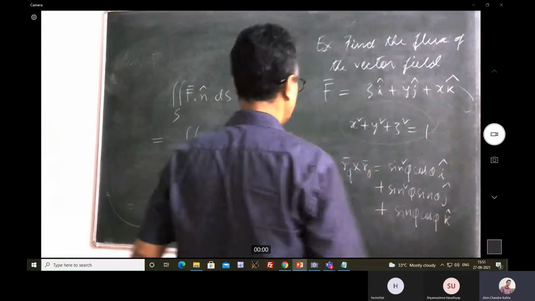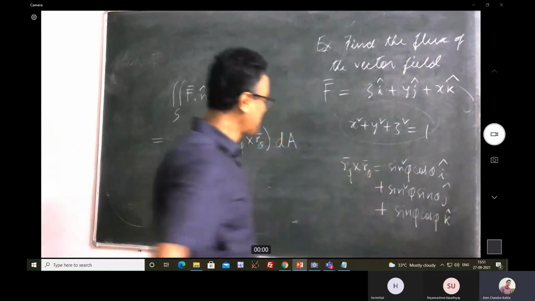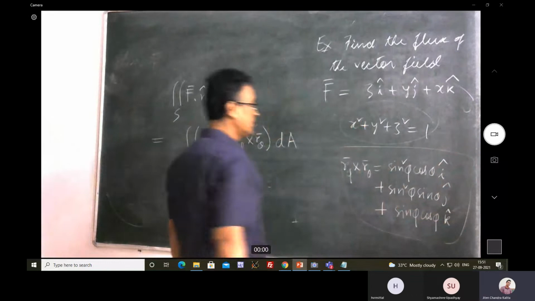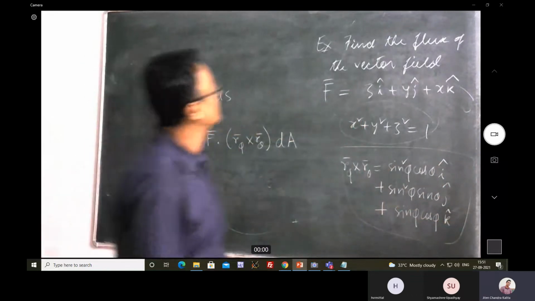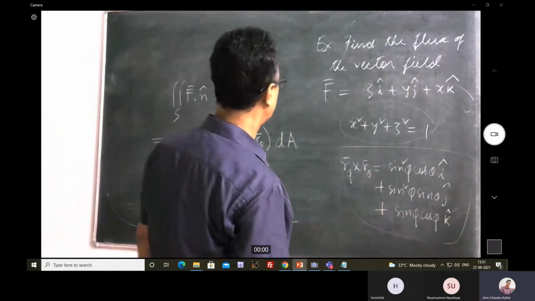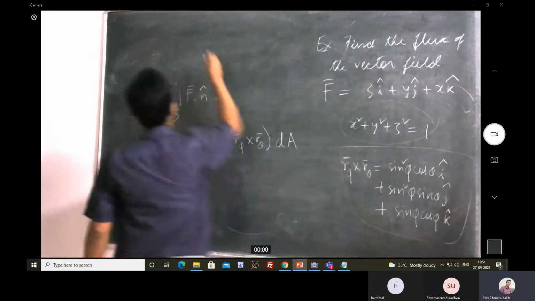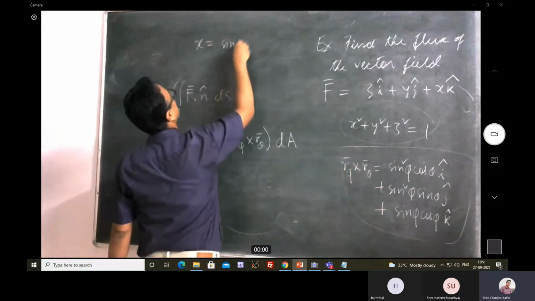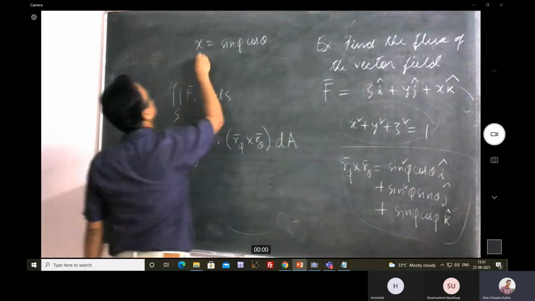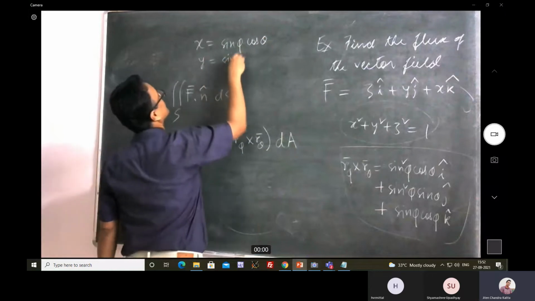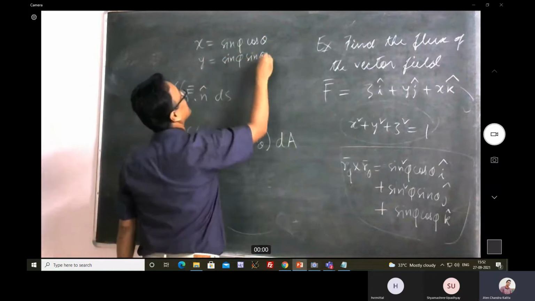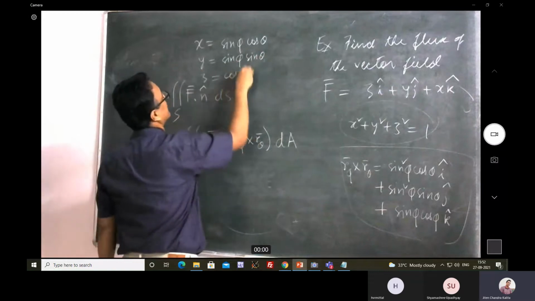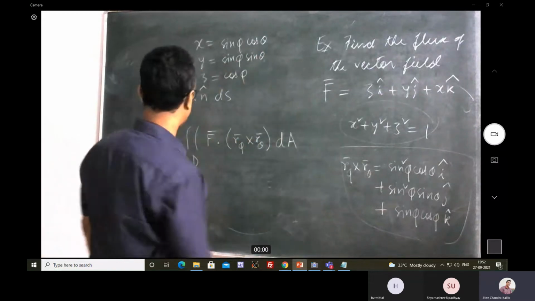We have already done this, that is why we can write it down. And again, you know that x equals sin phi cos theta, y equals sin phi sin theta, and z equals cos phi.